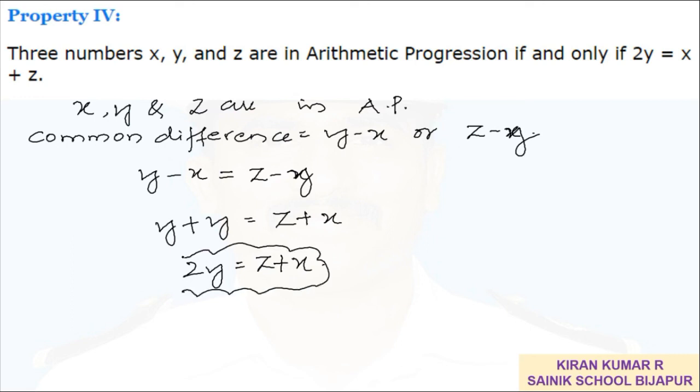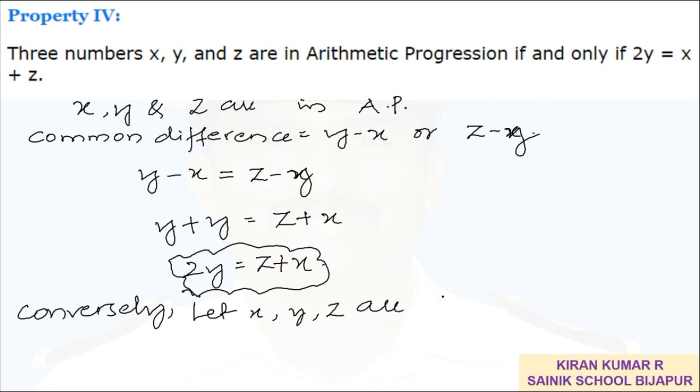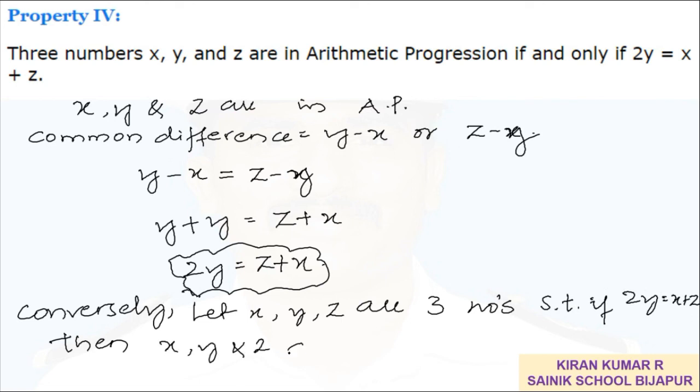Not only this, the converse is also true. Conversely, let x, y and z be three numbers such that 2y is equal to x plus z, then we can say that x, y and z are in arithmetic progression.